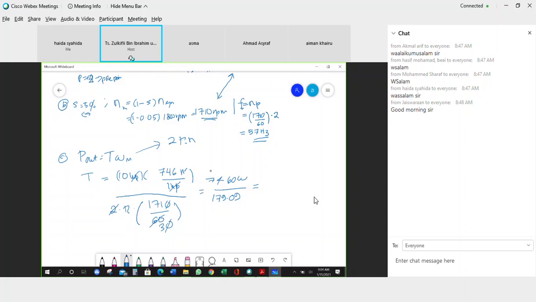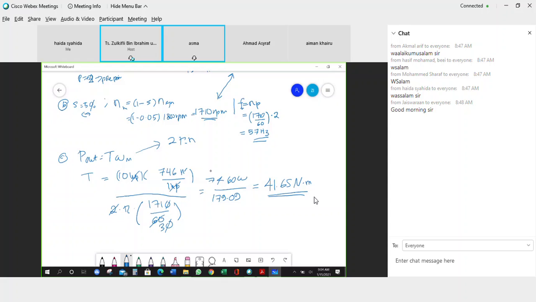So 7460 divided by 179.09, you'll get your output torque, which is 41.65 Newton meter. So the unit must be correct.